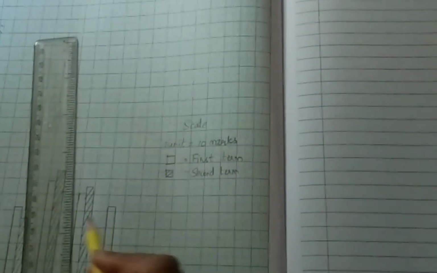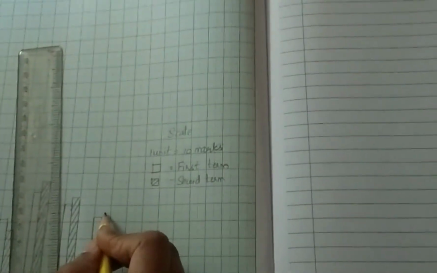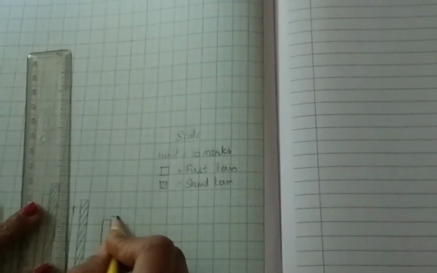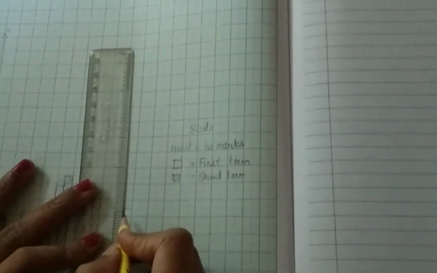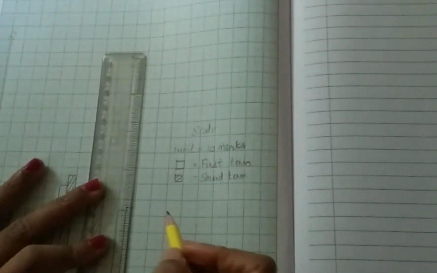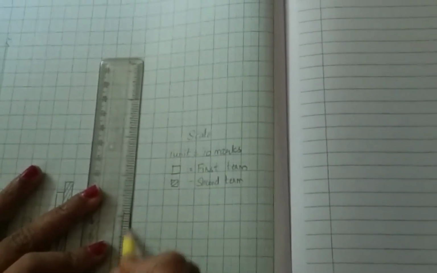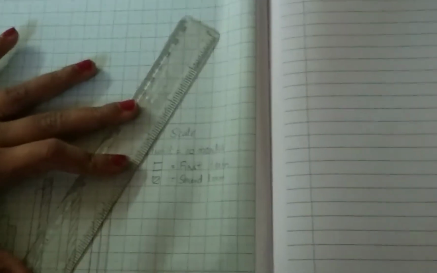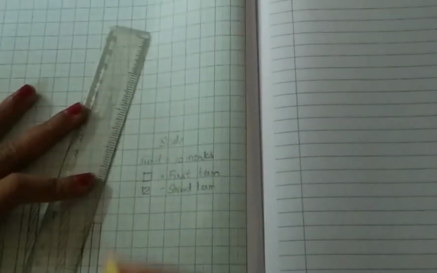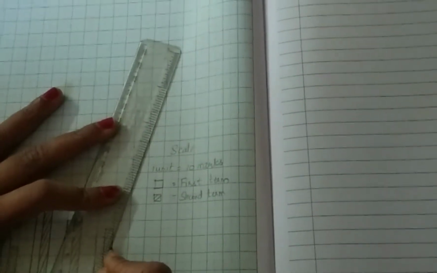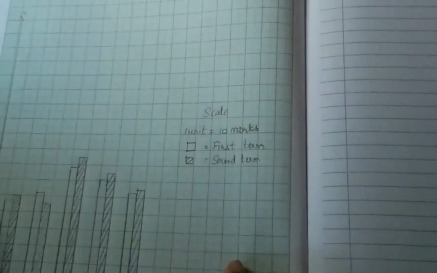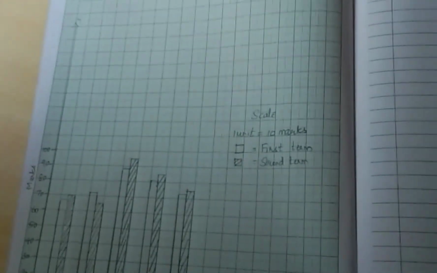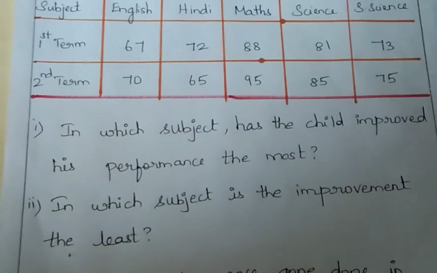And next is 75. 75 is the center line, this line. Now we have to shade. So this is the way you draw a double bar graph. Clear, children? We have to answer the questions.